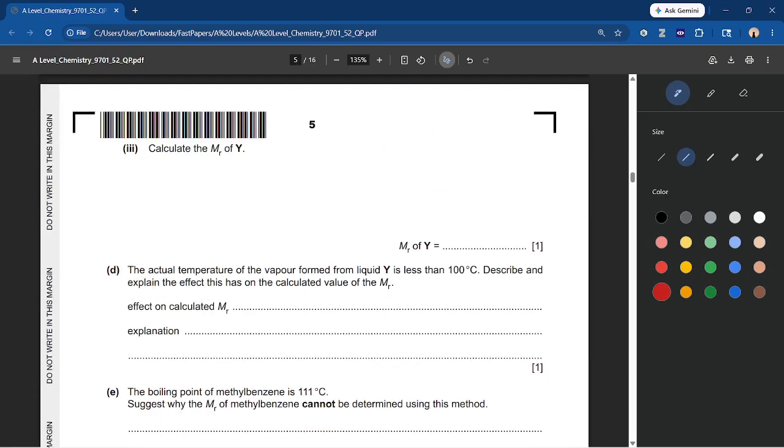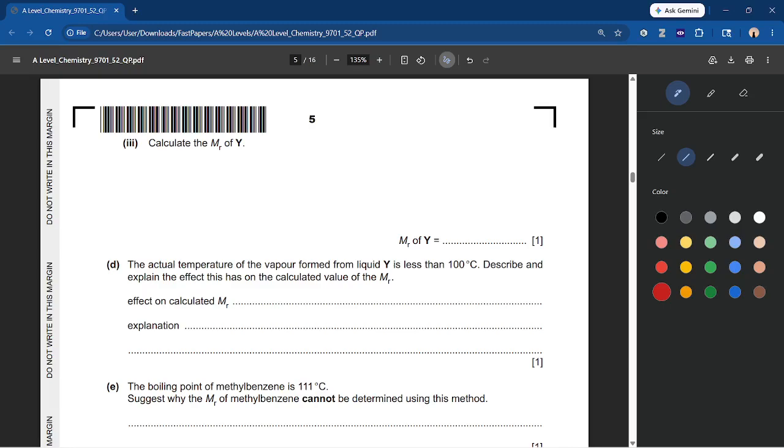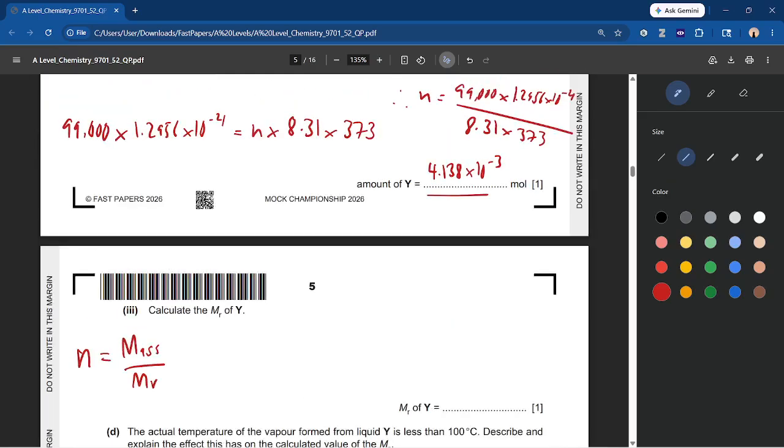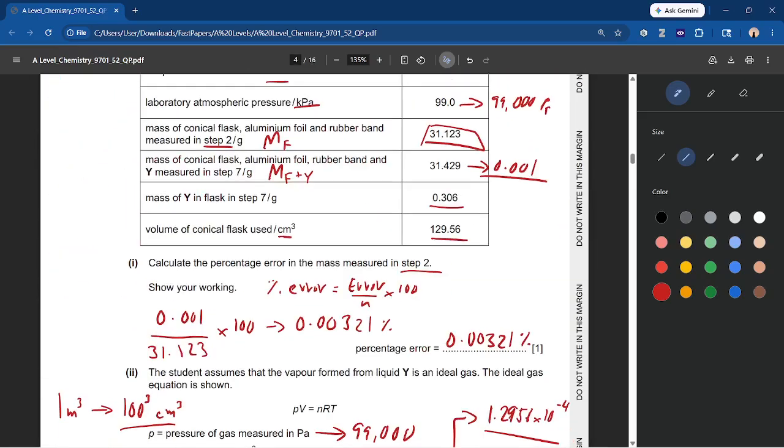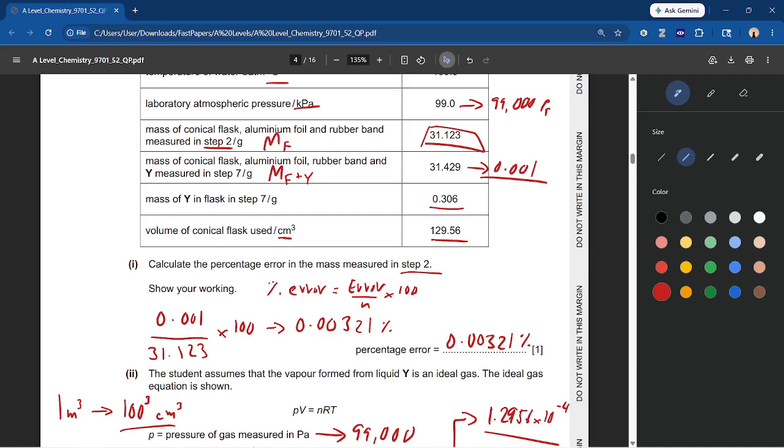And now we're here to calculate the MR of Y. So n is equal to mass by MR. So now we need to figure out the mass of Y. So the mass of Y is equal to 0.306.